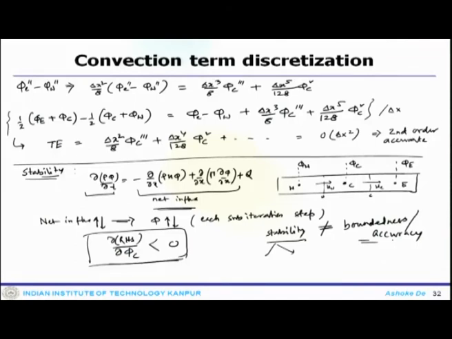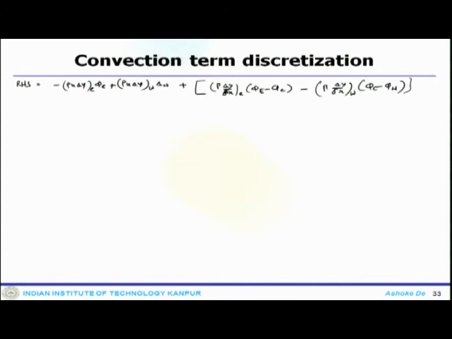Now, keeping that in mind, if you look at that discretized right hand side of the previous equation, the right hand side was minus rho u del y at east face phi e plus rho u at the west face plus gamma del y by del x e phi e minus phi c minus gamma del y by del x w phi c minus phi w plus q c v c.